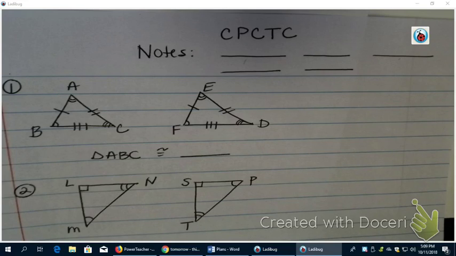I'm going to give you just a little bit of notes on the new topic that we're talking about. Most of it is self-explanatory, but I felt like it would be easier if I just go ahead and explain it. First of all, you might see these letters CPCTC, and it stands for corresponding parts of congruent triangles are congruent.